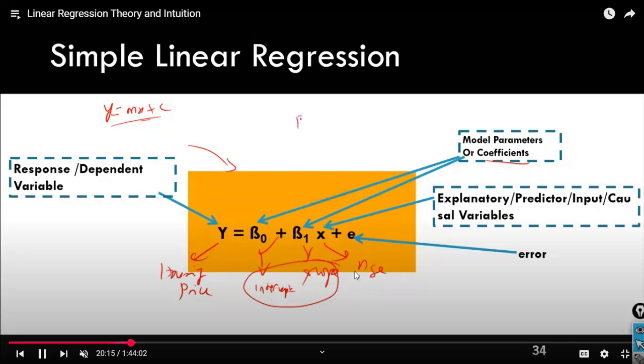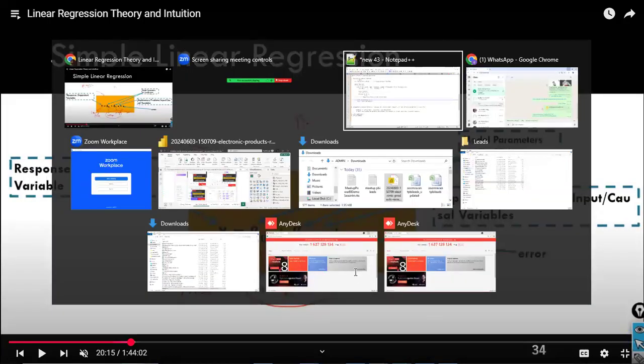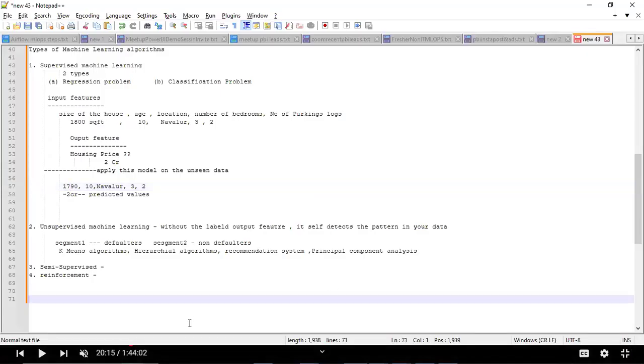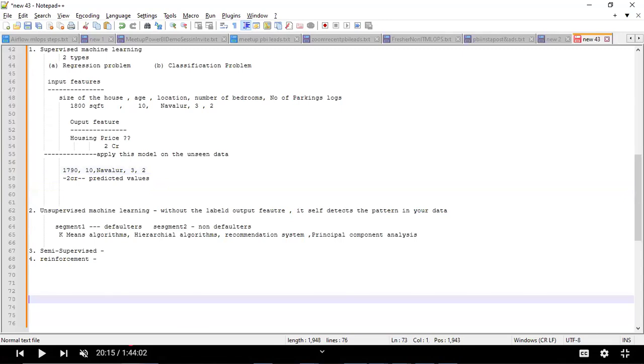See, I just used this equation here. I explained it in a very simple way, and the terms I used are very simple. Beta naught is B0. I just say y is B0 plus B1 into square feet, where the independent variable is square feet, the size of the house.